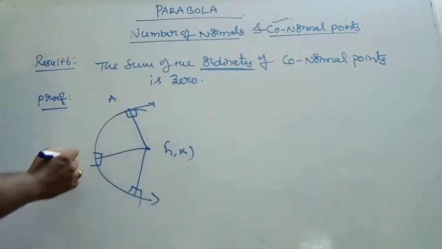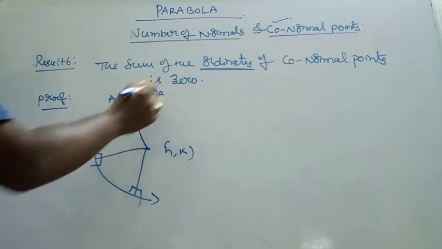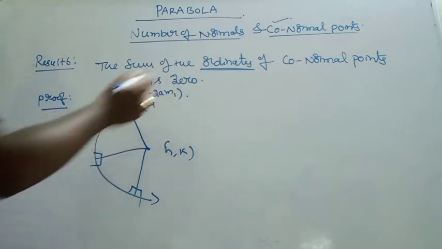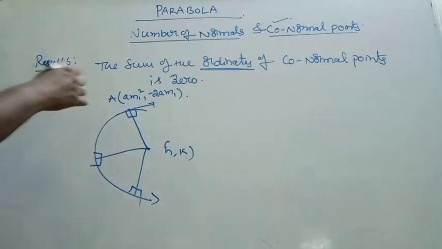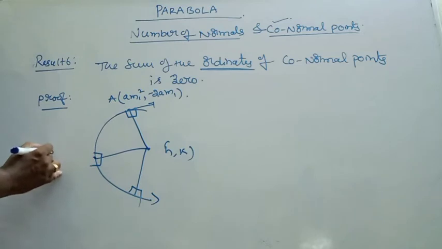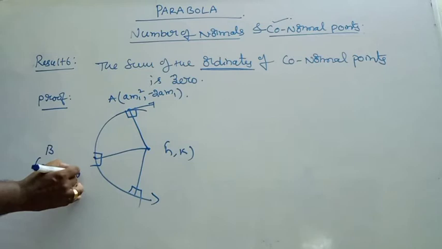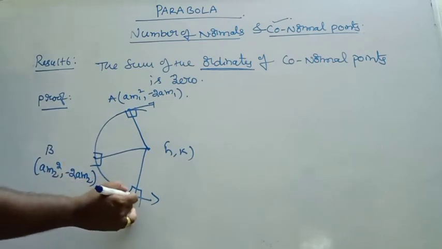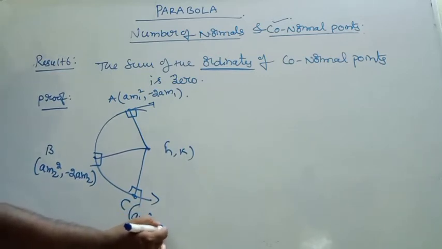If you take this as A, that is A m1 square comma minus 2A m1. These are the coordinates of the point A, because we already derived how to get the point of contact. B is nothing but A m2 square comma minus 2A m2, and C is nothing but A m3 square comma minus 2A m3.